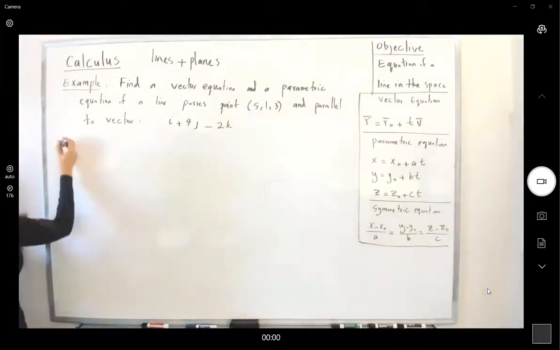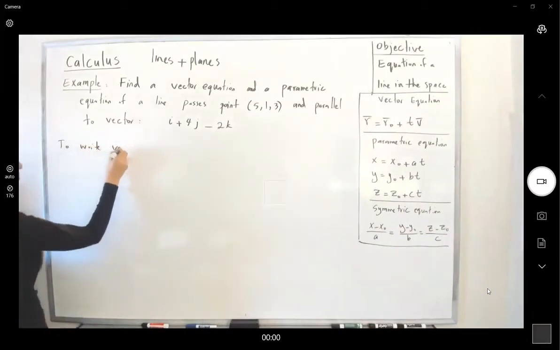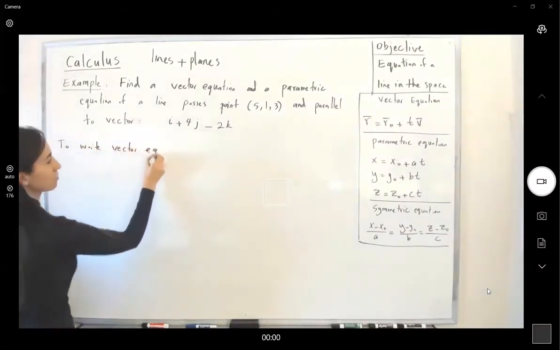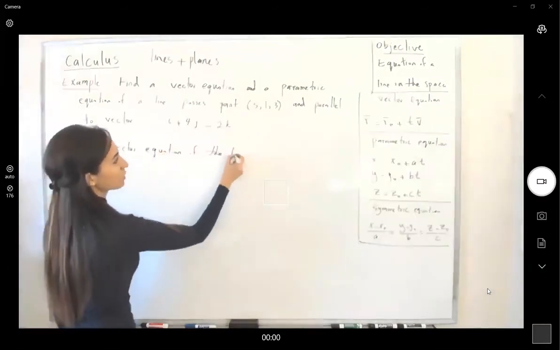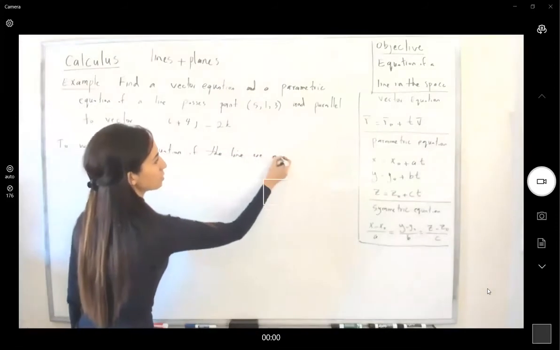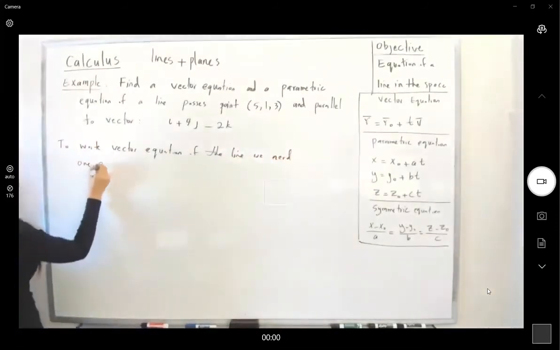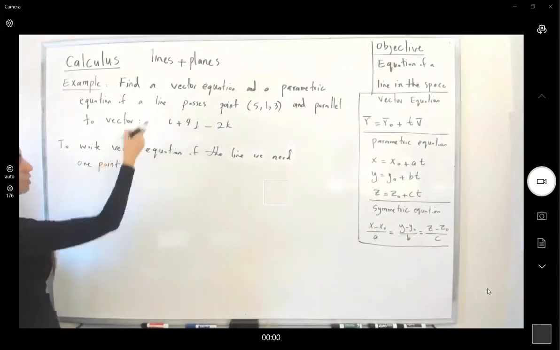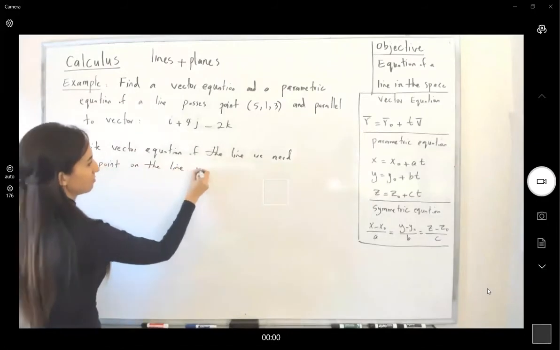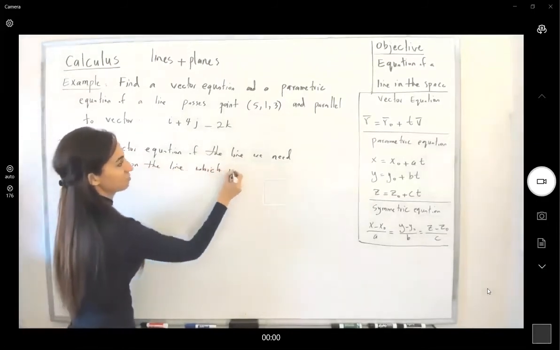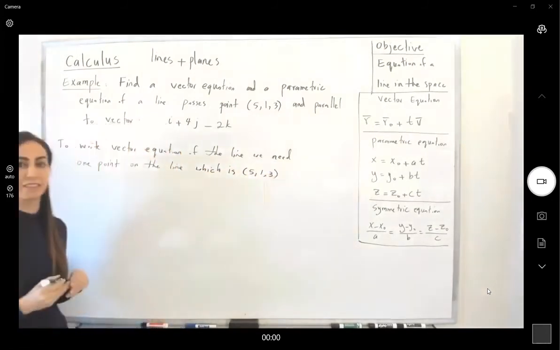So let us start. To write the vector equation of the line, we need 1 point on the line, which is given to us: 5, 1, 3.